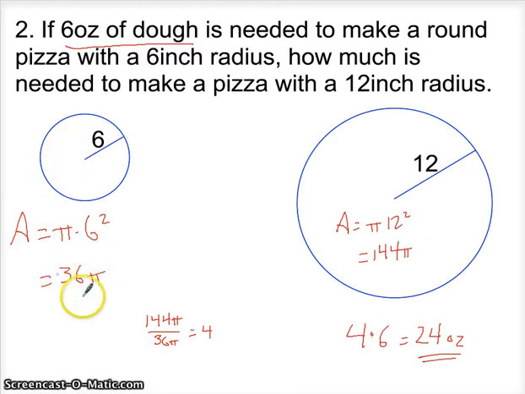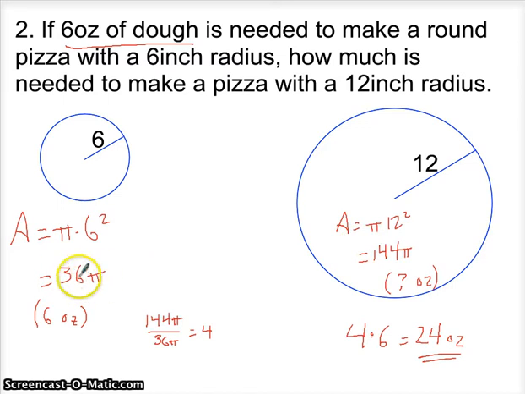I know that this 36 pi square inches corresponds to a dough amount of 6 ounces. I know that this is the same as 6 ounces of dough. The question over here is this 144, that's the same as how many ounces of dough? So what I tried to do there was kind of make a proportion here.